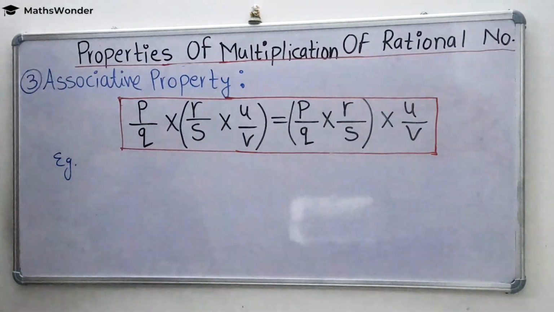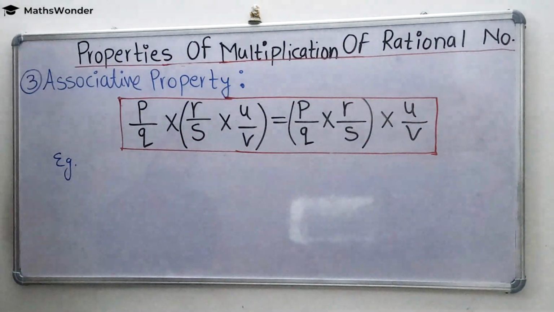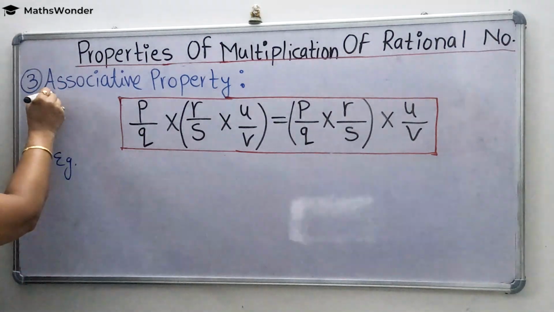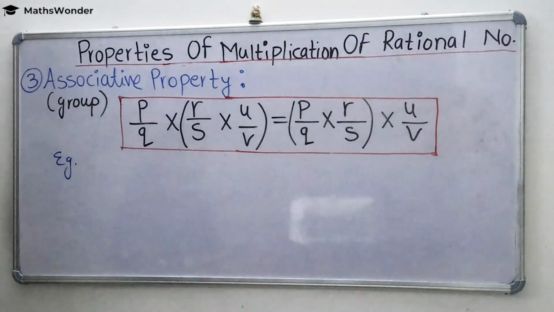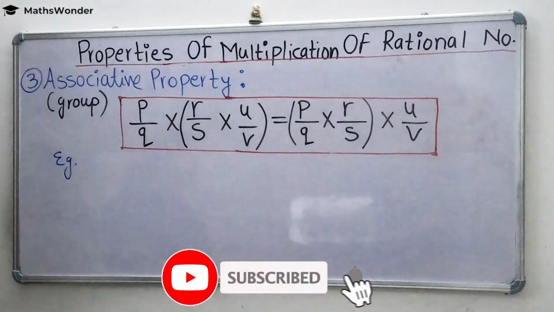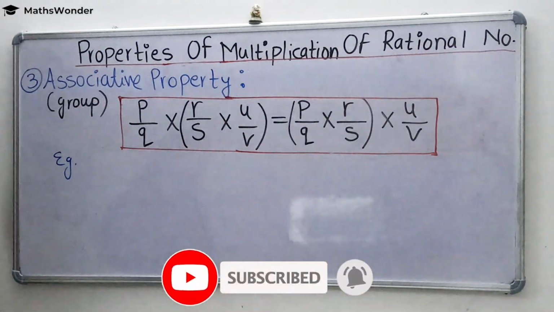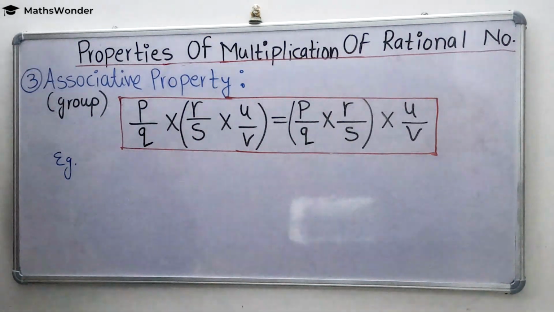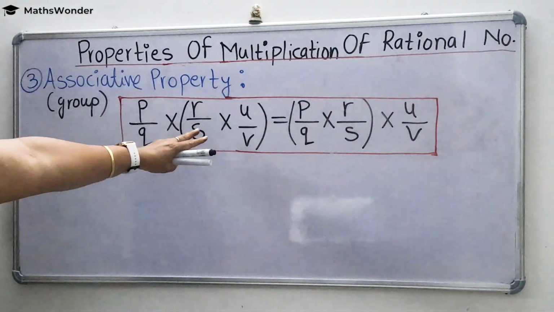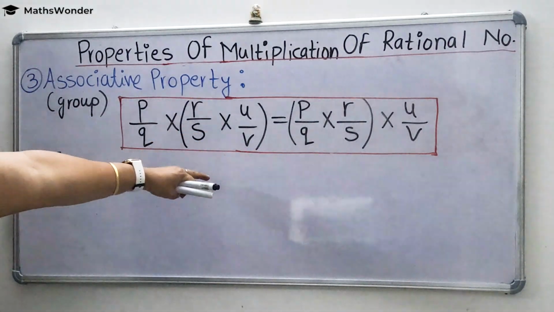So the third property of multiplication is the associative property. As you know, the word associative means it's a group property. So when we have more than two rational numbers, we call it the associative property. Let's see whether associative works or not. Three or more rational numbers can be grouped in any order to find their product.